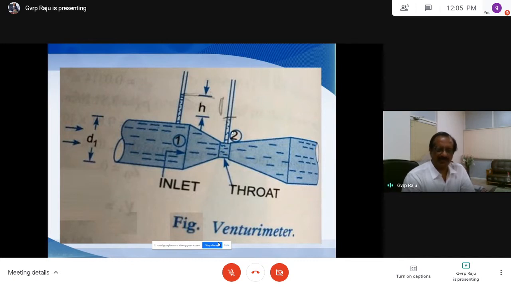Velocities V1 and V2 are known, and we can find out the pressure difference with the help of a manometer, and the datum heads Z1, Z2 are known here. Because these two are at the same level, Z1 is equal to Z2, the velocities V1, V2 can be obtained, and the pressure difference can be measured with the help of the manometer here.